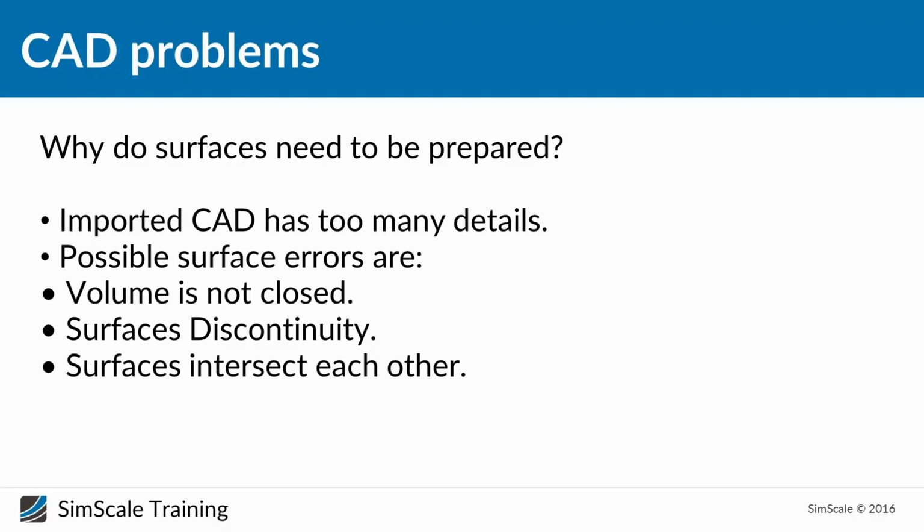In industry, pre-processing is the part that takes most of the time in the simulation process, because there is a lot of work to be done in this phase. When you get a model directly from CAD, you have to take into consideration some constraints, for example intersections, and there are a lot of problems that we will see now.